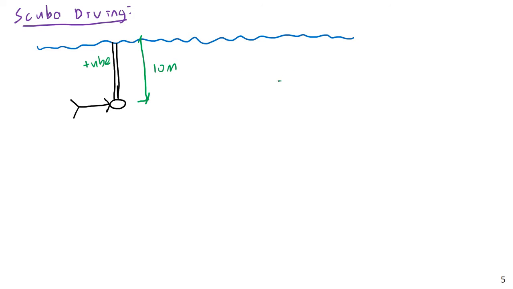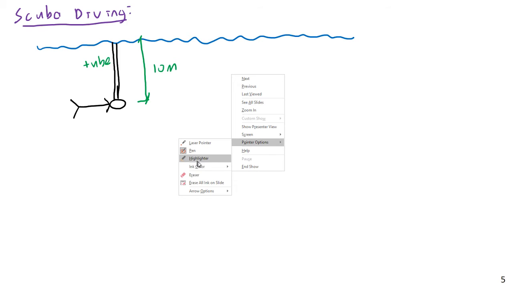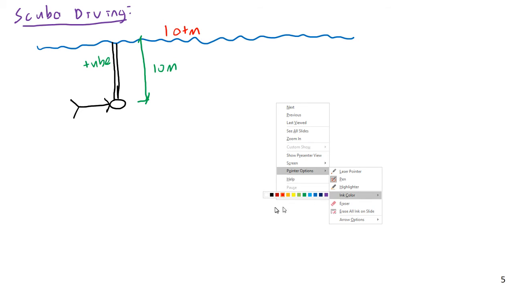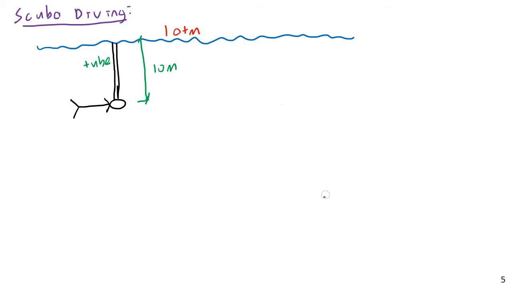So, this is going to be at 1 atmosphere. And through this tube, I am going to try to breathe 1 atmosphere air while under 10 meters of water. Let's see what happens.